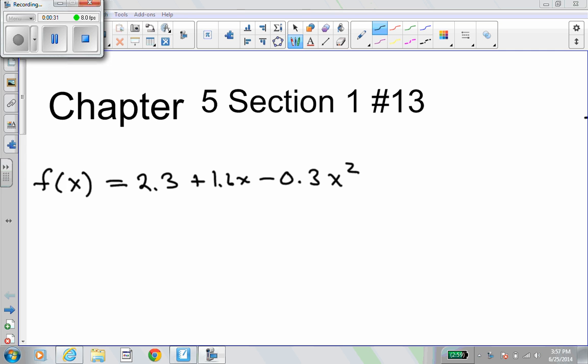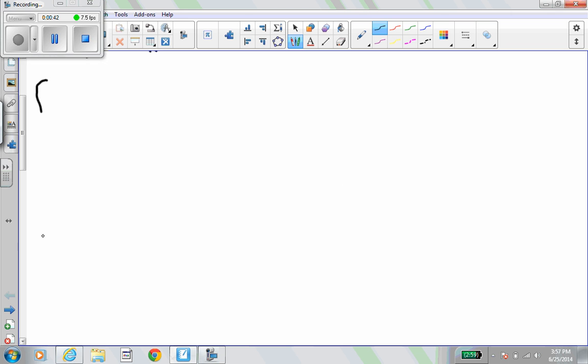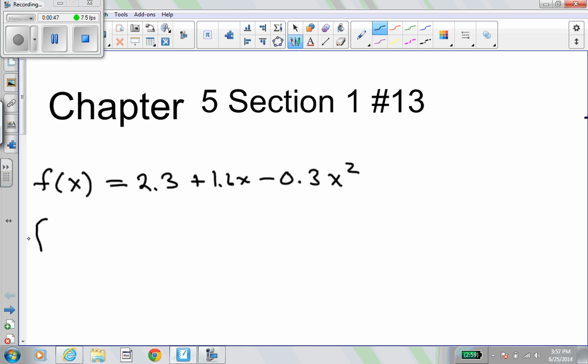A critical point is where your first derivative is 0. So first, to find the critical point, we need to take that derivative. So f prime of x is the derivative of 1.6x, which is 1.6, minus 0.3, which is a multiplicative constant, times the derivative of x squared, which is 2x.